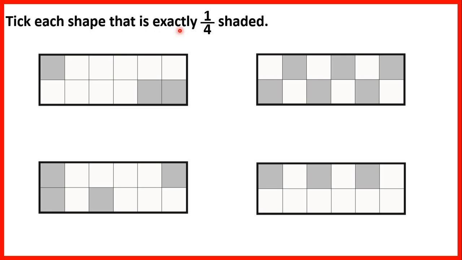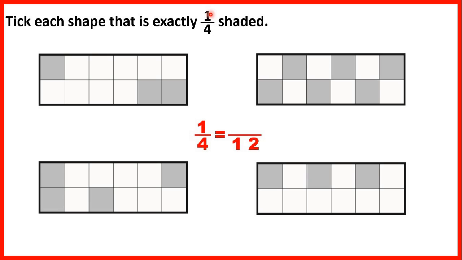Tick each shape that is exactly 1/4 shaded. So 1/4 shaded means 1 shaded part out of every 4 parts. But these shapes that we have aren't split into 4 pieces. They're each split into 12 pieces. We have 12 little squares inside each rectangle.